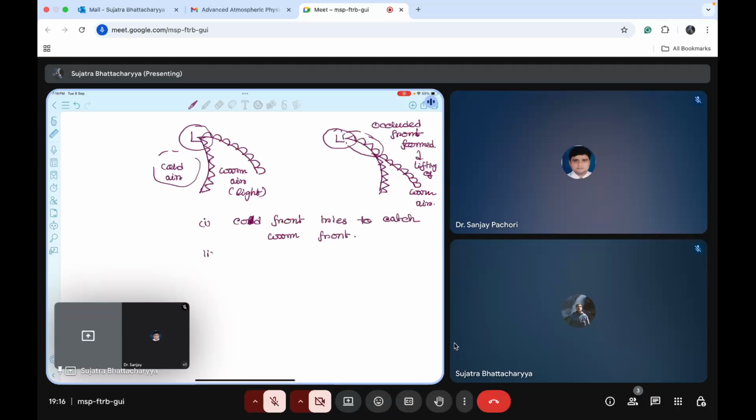In this process, the warm air in between gets lifted above.